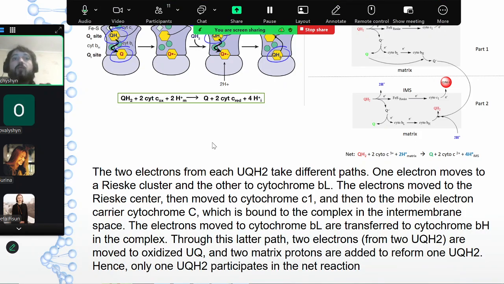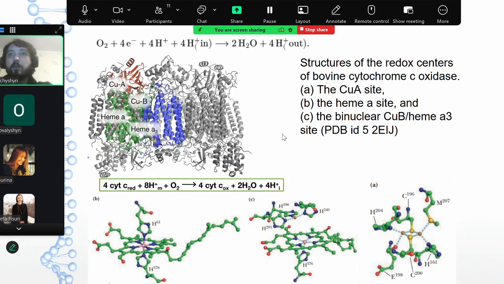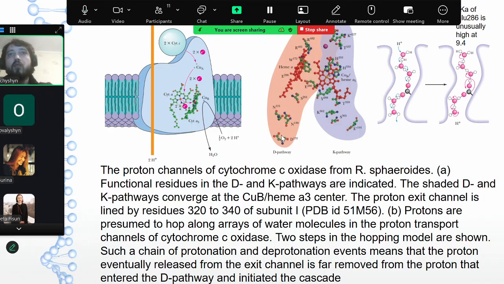So 1 electron moves to the Rieske cluster, so there is once again iron and sulfur, and the other to the cytochrome bL. So the electrons move to the Rieske center, then move to the cytochrome c1, and then to the mobile electron carrier cytochrome c, which is bound to the complex in the intermembrane space. Here are some more and more structures.